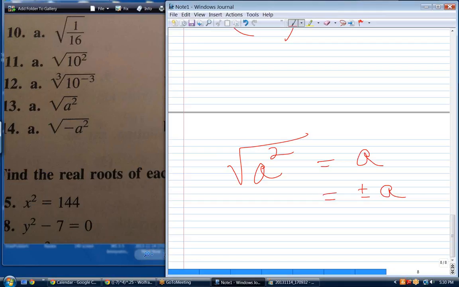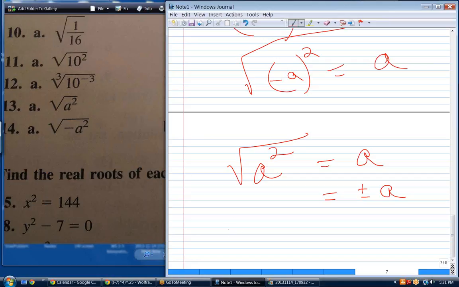I think that's just A. You see why I say that? Doesn't minus A work also? If I said to you minus A is a solution to this, well, let's plug it in. Minus A squared, and then we take the square root of that. That gives us A. So minus A actually works.